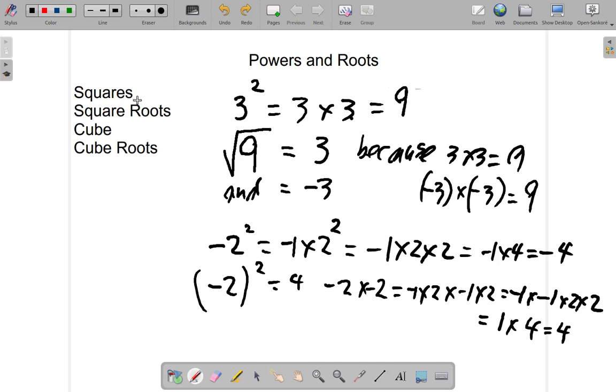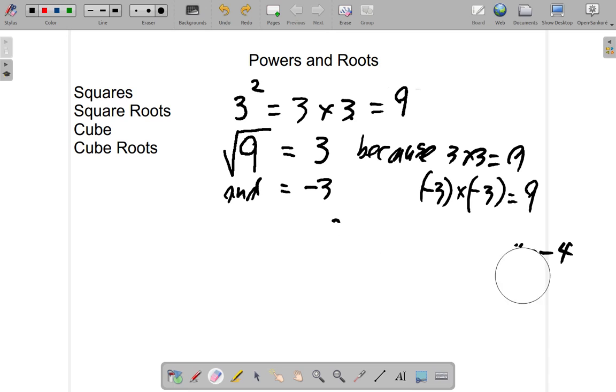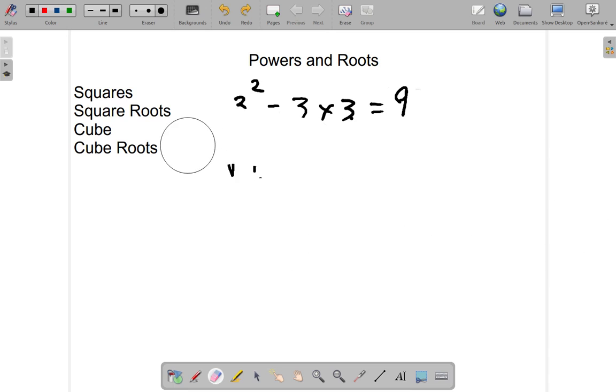Now, before I erase this, remember, the square root of a number is another number that multiplies itself to give you that original number. In other words, you have two of the same number and they multiply themselves, one times the other, to give you the original number. Now let's look at something before we finish off with square and square root.